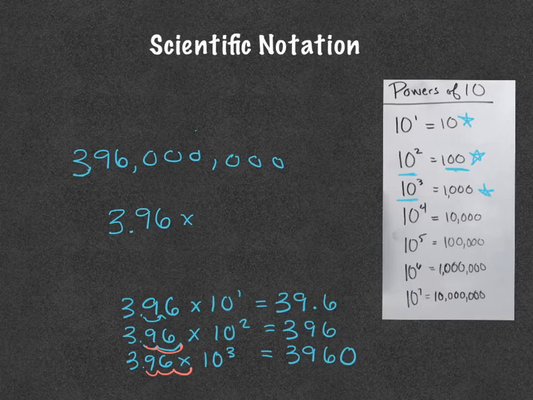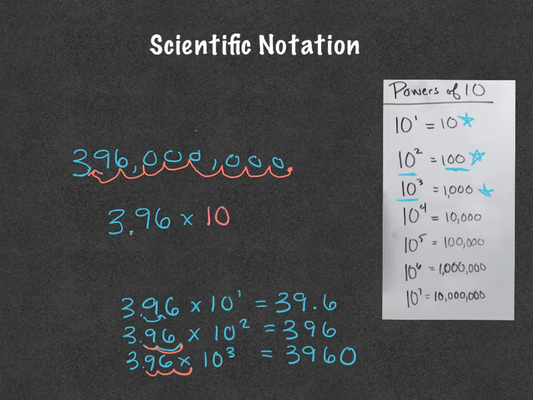So if we have our number 396 million, to get our decimal to right here, what I usually do is start my decimal back here, because that's where it is in our whole number. And we're going to backtrack 1, 2, 3, 4, 5, 6, 7, 8. So we're moving our decimal 8 places.